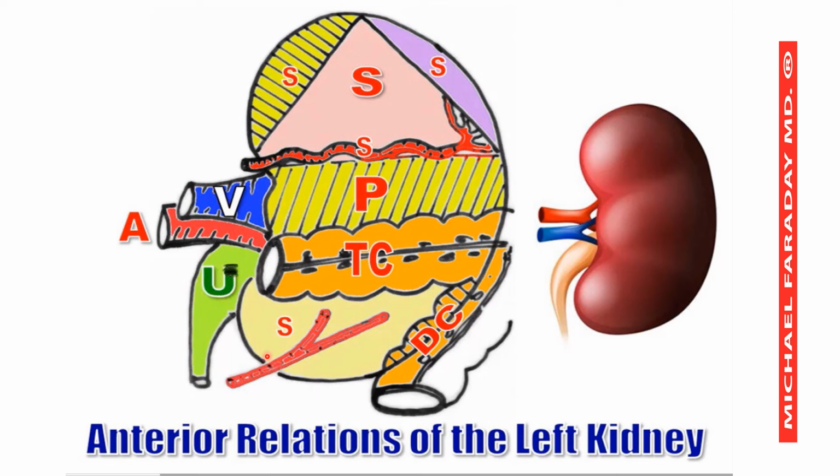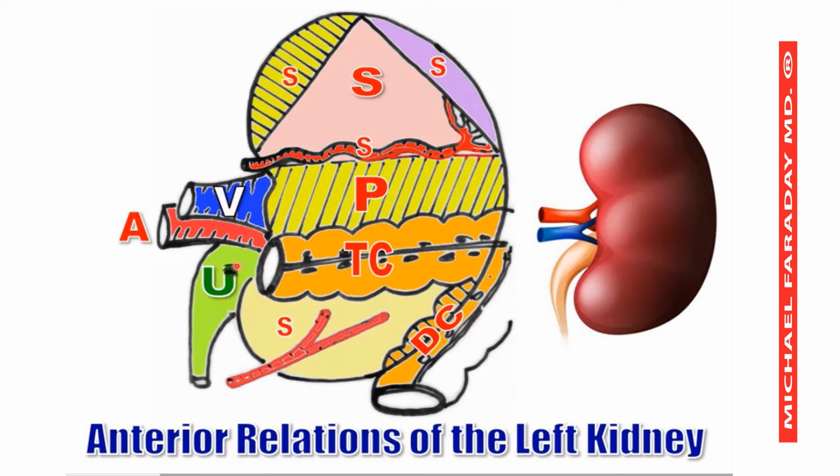When you come to the hilum of the left kidney, we have the renal vein, which is the most anterior structure at the hilum of the kidney. This is the renal vein, followed by the renal artery. Then the most posterior structure is the renal pelvis, or you can say the pelvis of the ureter.